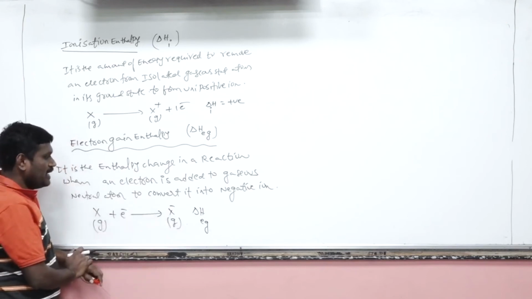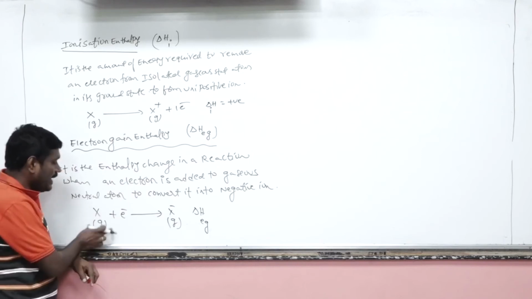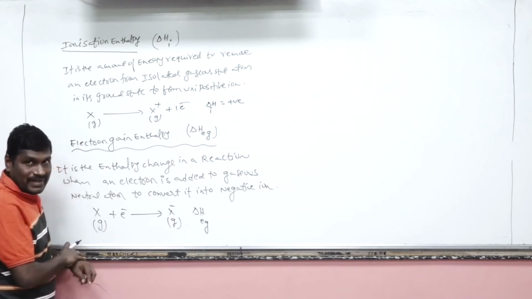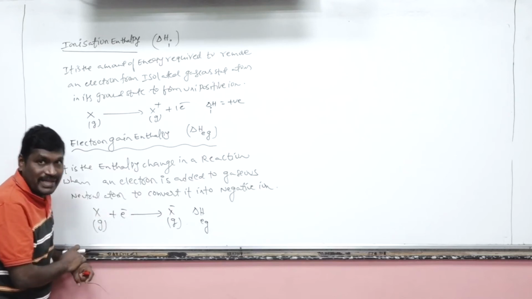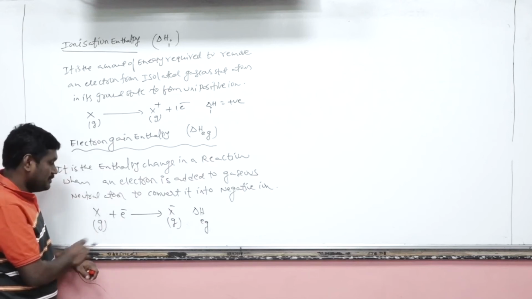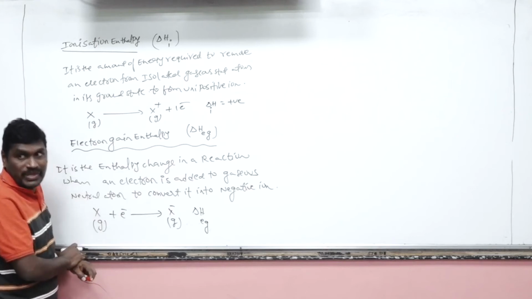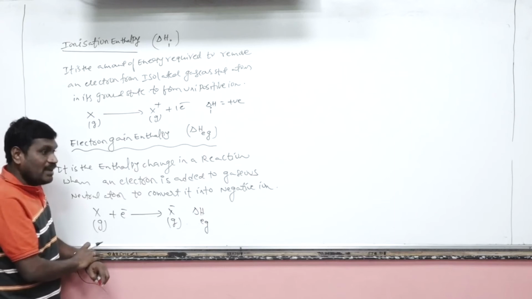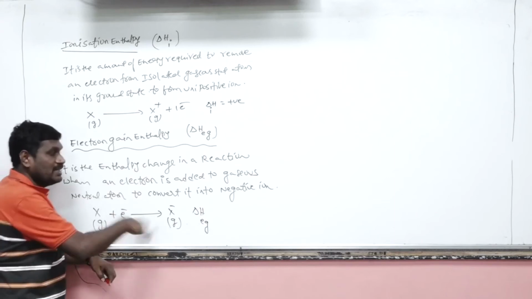In this situation, heat energy is released. But noble gases already have a complete octet configuration. Their valence shell is completely filled. Still, we are adding one more electron. That means the electron must be added to the next higher energy level, so energy must be given. Nitrogen has a stable half-filled configuration, 2s2 2p3. Still, I am adding an electron, so energy must be supplied.